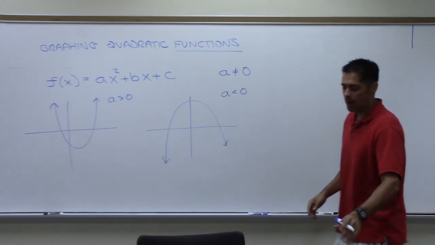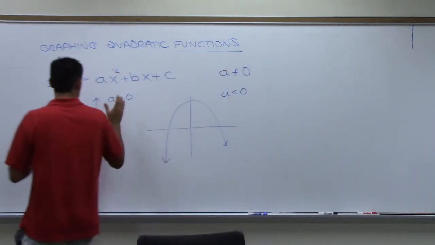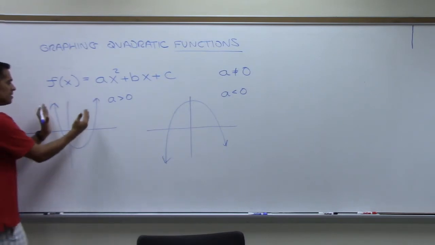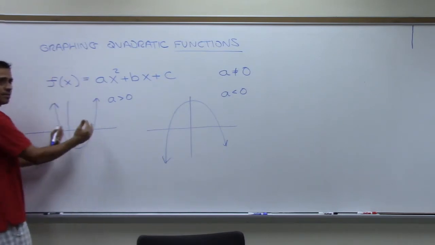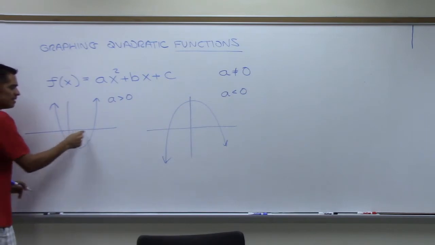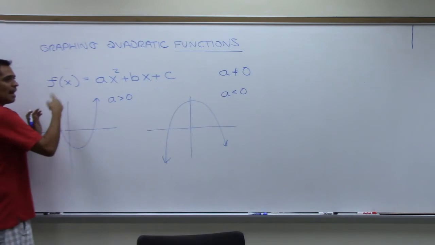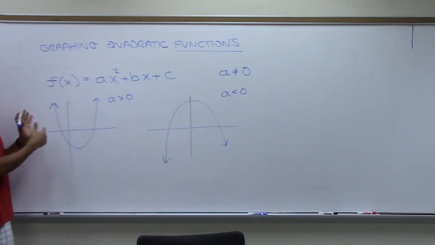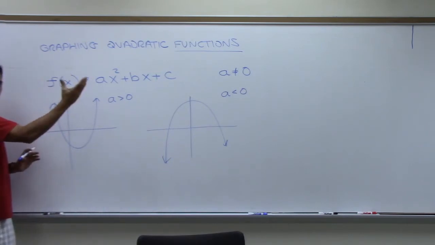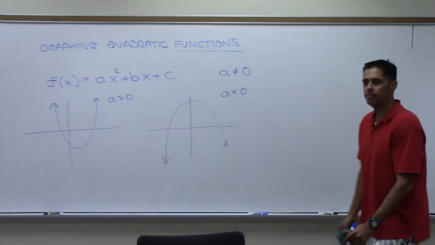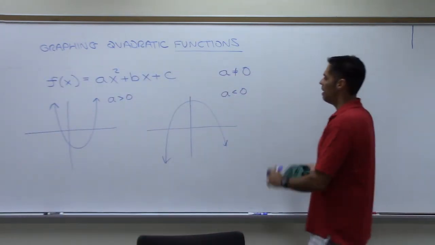Now, please be aware that the A controls just the up and the down, the opening up or the opening down. It does not control where it is. So I'm not saying that this has to have two x-intercepts. It could be that this is moved up and I don't have x-intercepts. All A tells you is this or this. That's all. That's the up and down behavior.